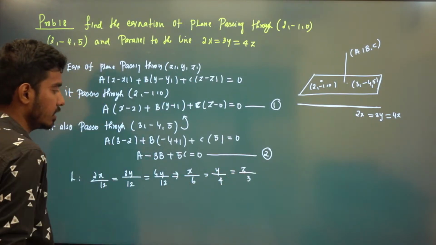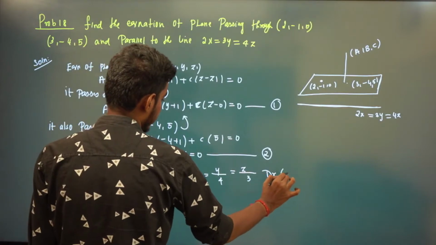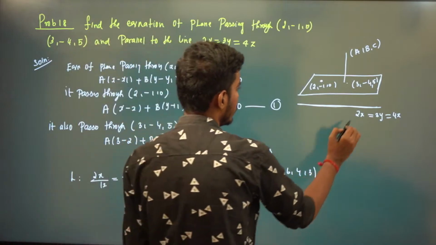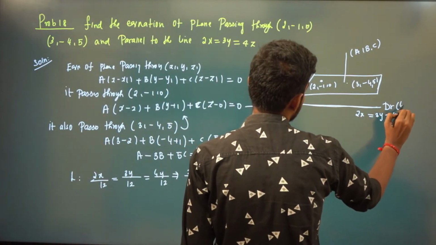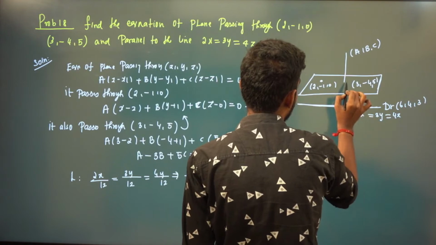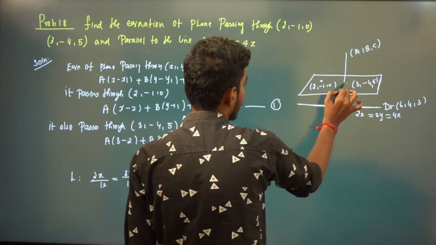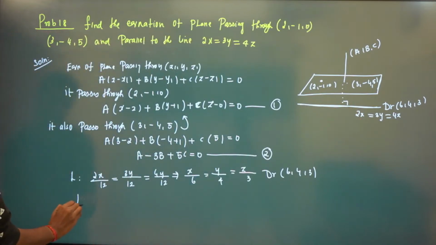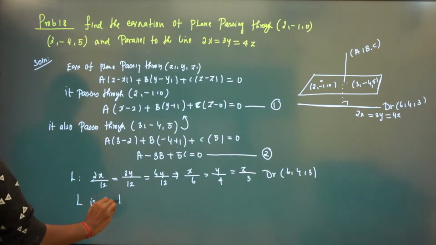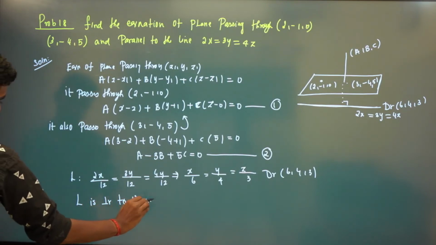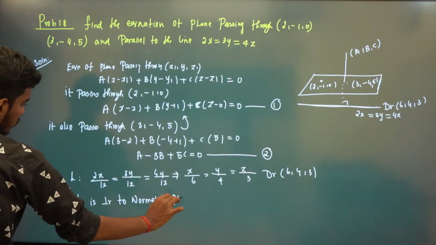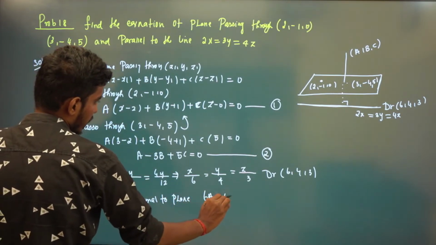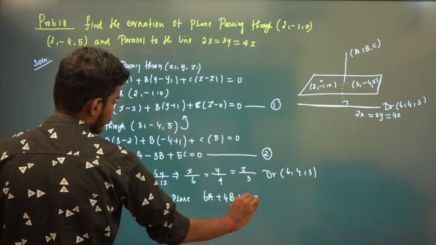So this has direction ratio 6 comma 4 comma 3, right? And you can see L is perpendicular to the normal to the plane, right? So you will have 6a plus 4b plus 3c is equal to 0.